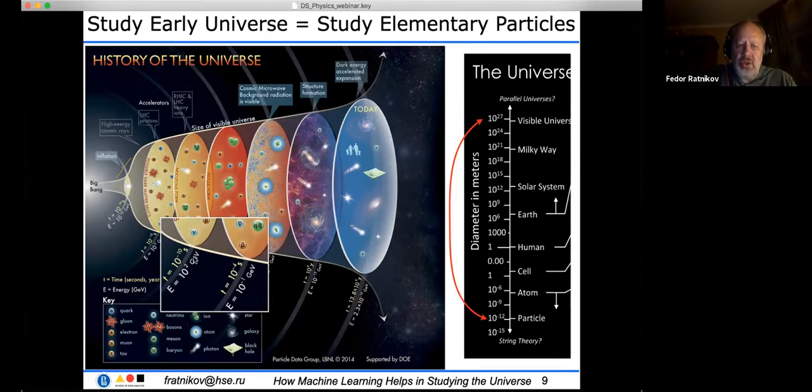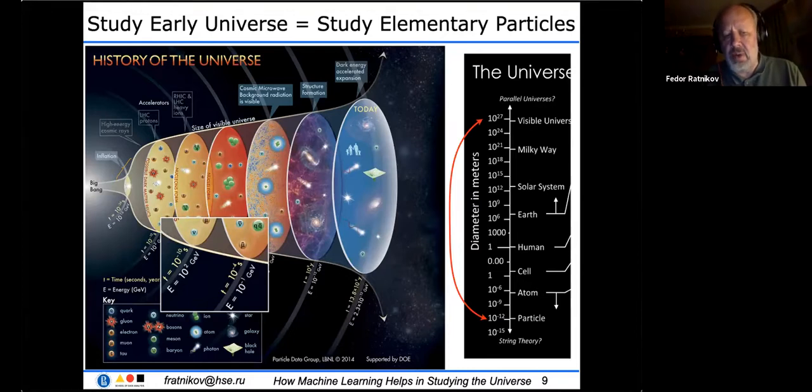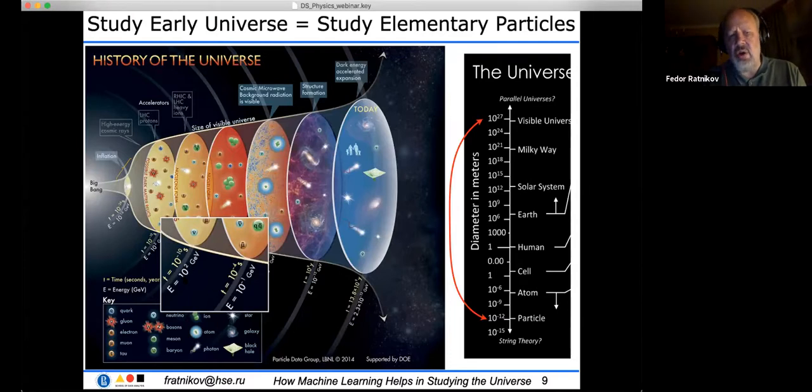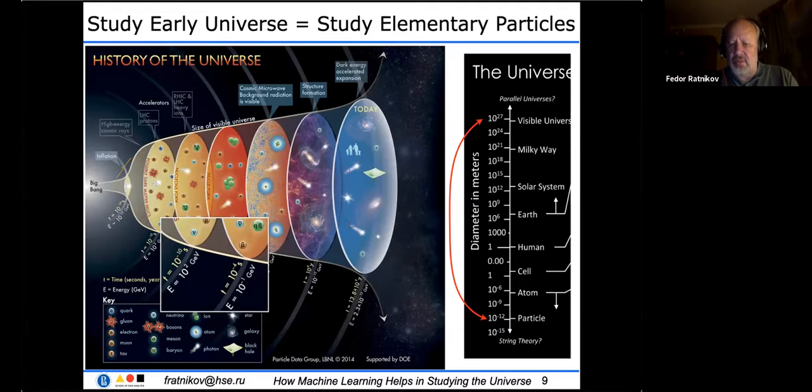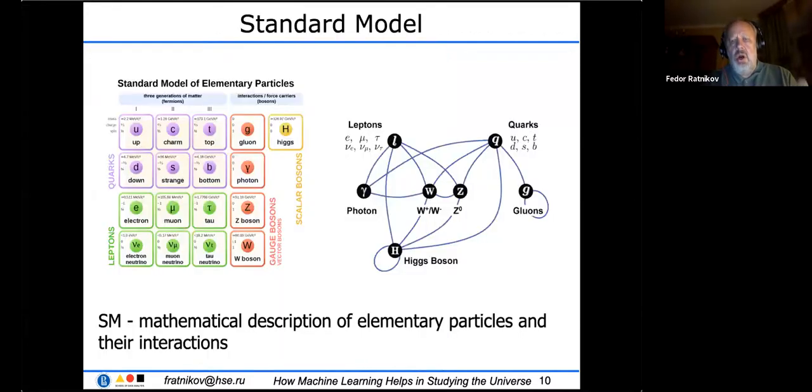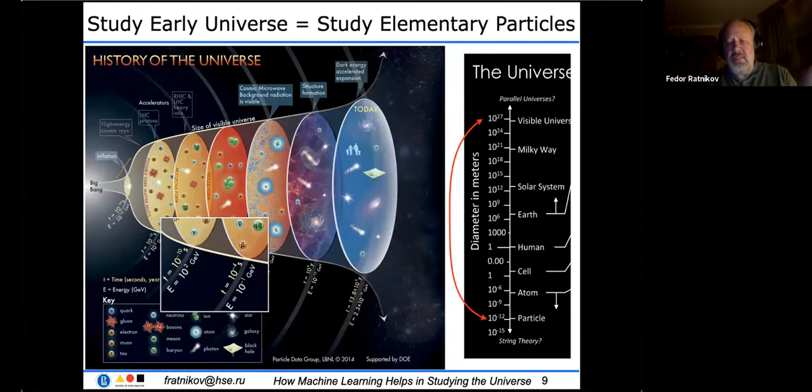By the way, this energy, 100 GeV, giga electron volt, you probably remember, the mass of the proton is about 1 GeV. So it's an energy of the order of 100 proton masses. Okay. So this makes the bridge between the study of the universe and the study of elementary particle physics.